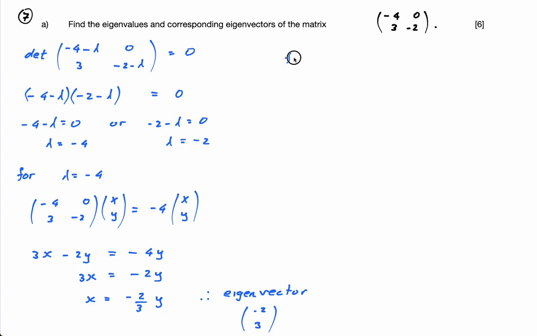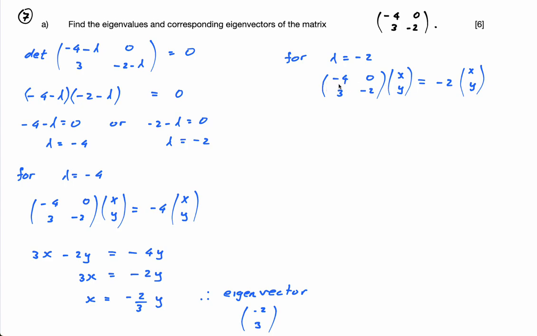For lambda equals -2, same thing. I have the matrix -4, 0, 3, -2 times some vector, let's use x and y again, equals -2 times this eigenvector.